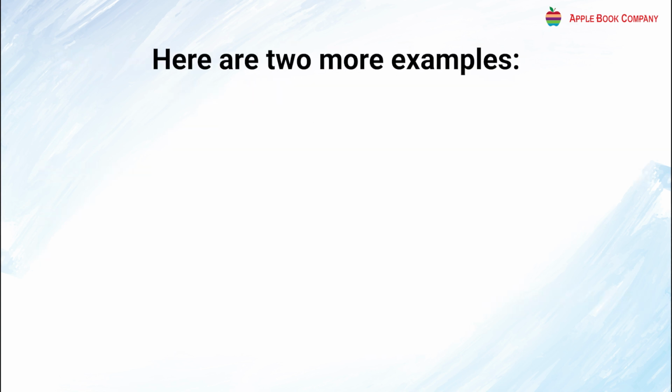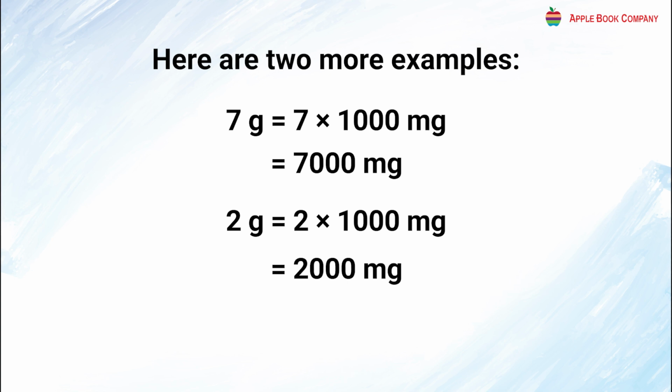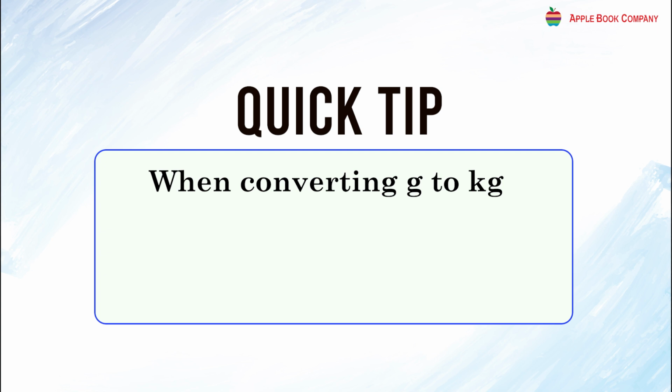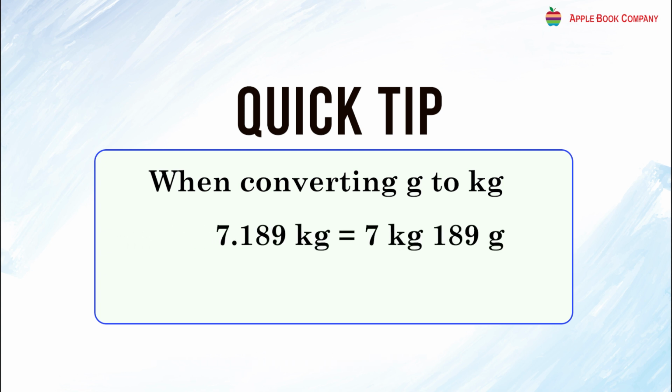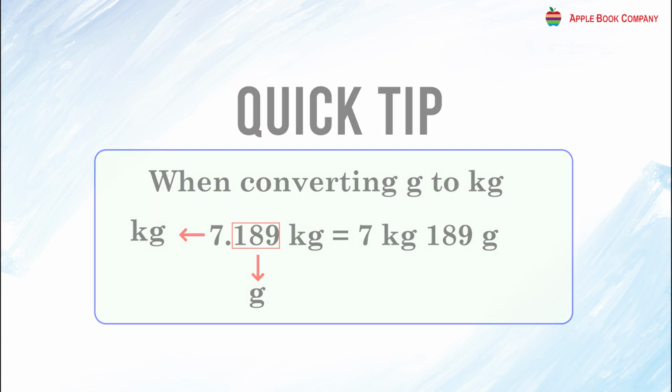Here are two more examples. 7 g is equal to 7 into 1000 mg, which is equal to 7000 mg. 2 g is equal to 2 into 1000 mg, which is equal to 2000 mg. Quick tip: when converting g to kg, the last 3 digits represent g while the remaining digits represent kg. So 7 kg, 189 grams.